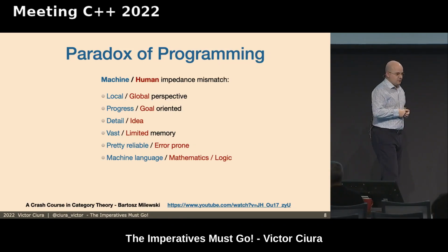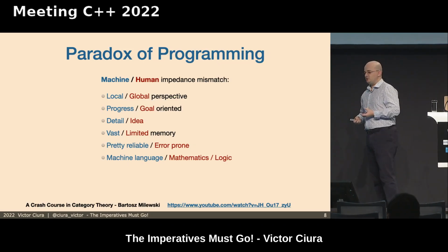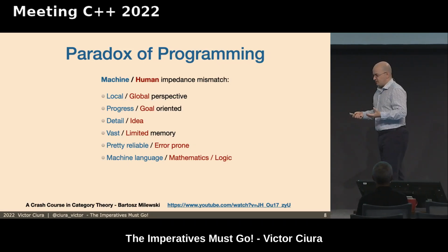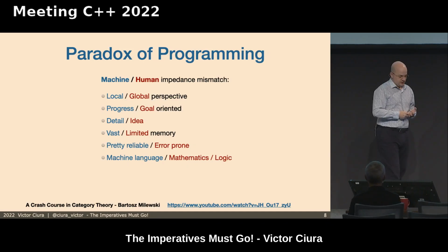We are very much about the ideas, the purpose, what we're trying to solve, and of course, machines only care about the details of how we want to solve this.